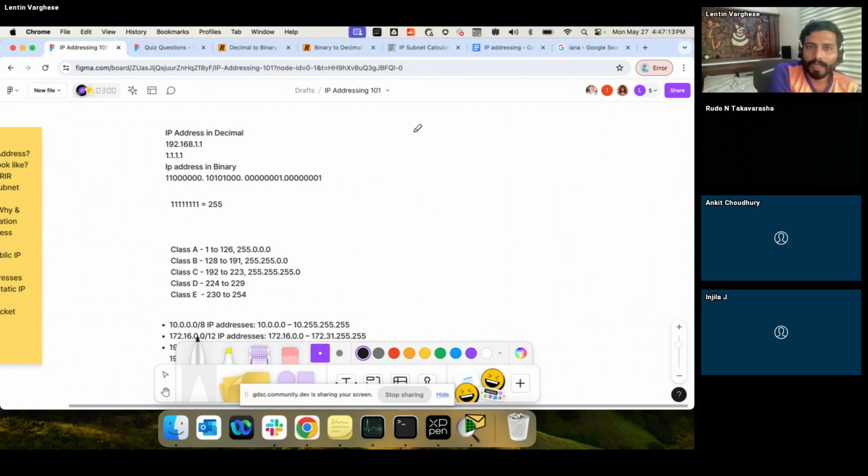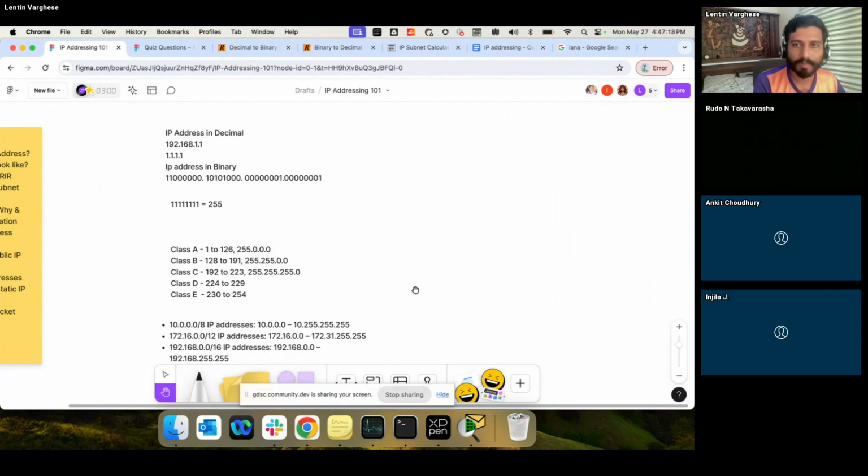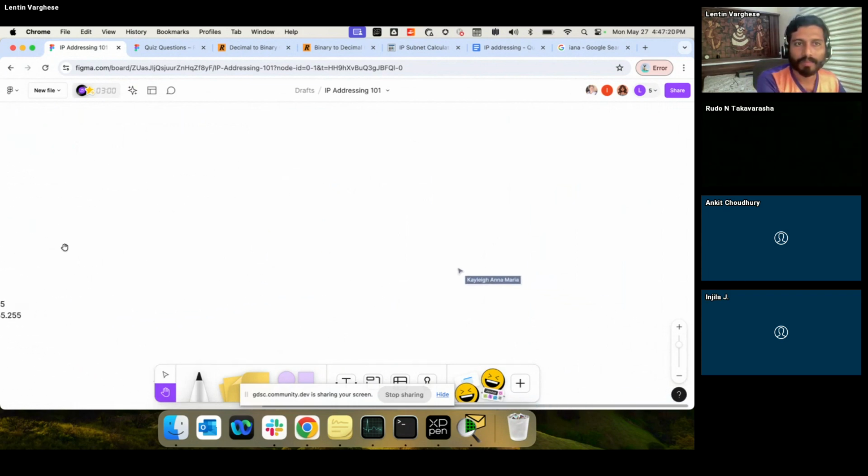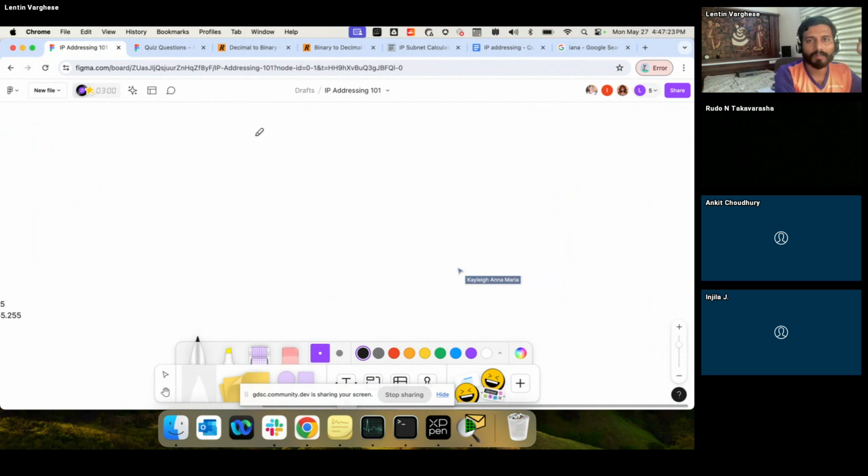So here is an IP address, 192.168.1.1. Here is the subnet. This is the default subnet. Now, based on this IP address and subnet, how many computers can be part of this network?